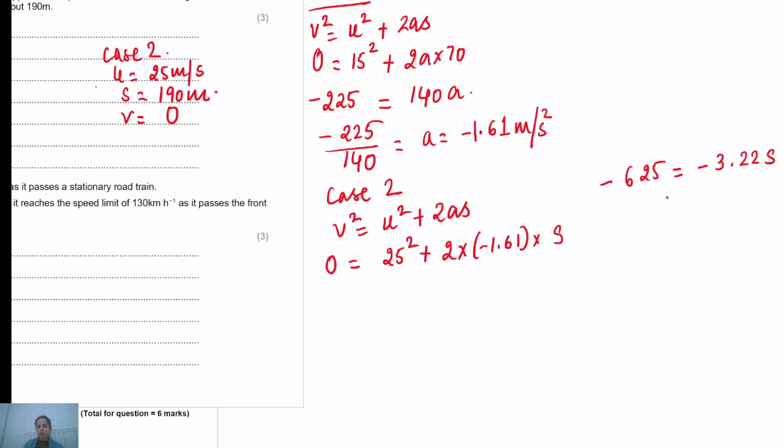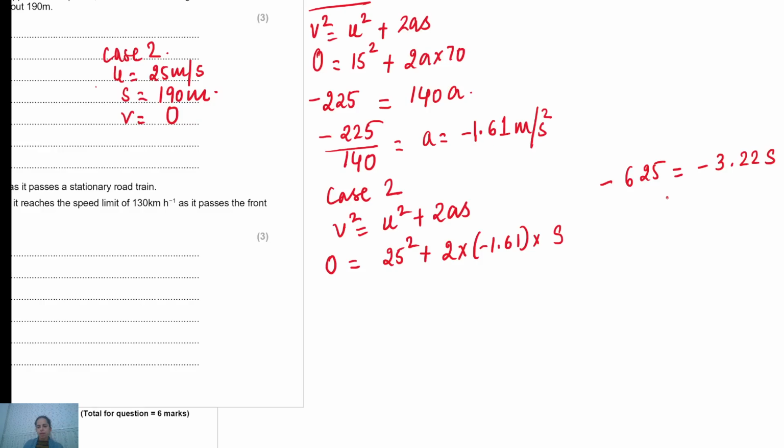So my s comes out to be 625 divided by 3.22, which is coming around 194. So it is around 190 meters.